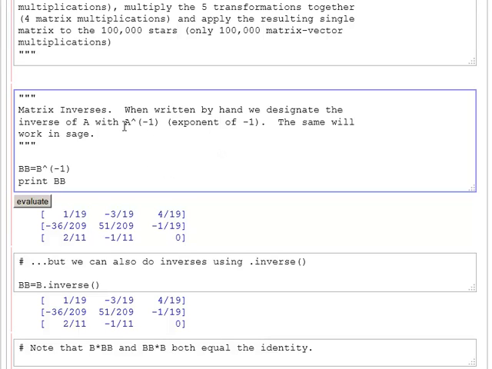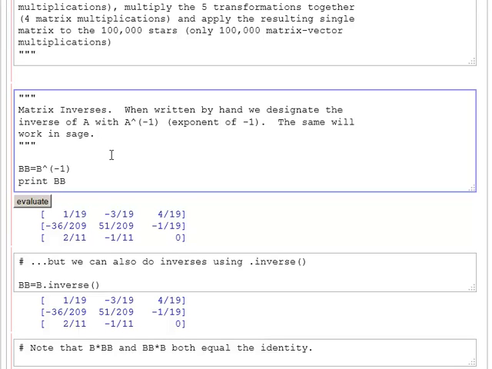Well, if you have the identity matrix, which is this matrix with a diagonal of 1s, and if I multiply a matrix times its inverse matrix, it would come out with the identity matrix. Okay. Now, the way we write inverse of a number is we would say a to the minus 1, and the way you'd actually write an inverse matrix on paper is say a to the minus 1, indicating a matrix.